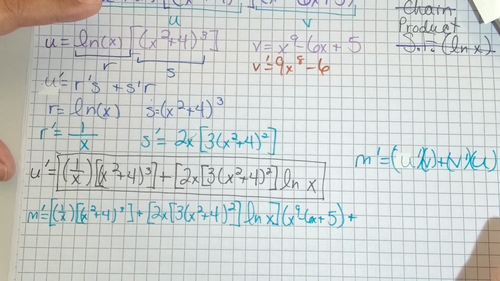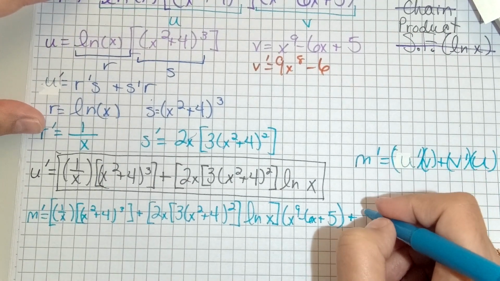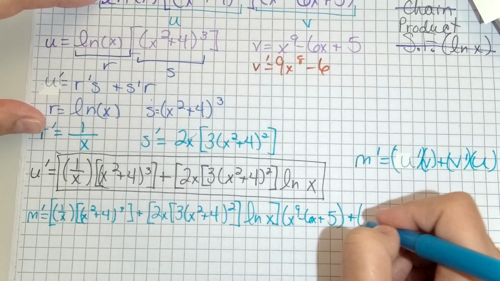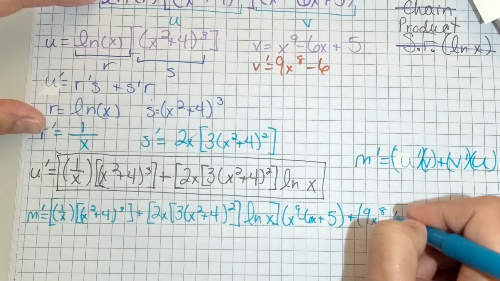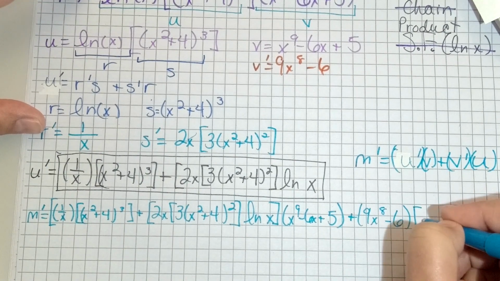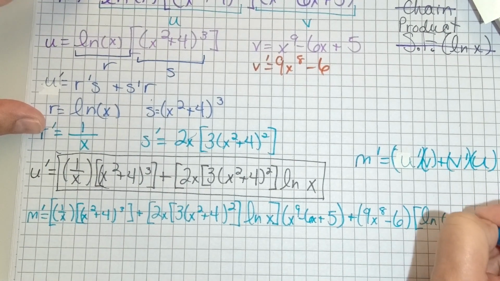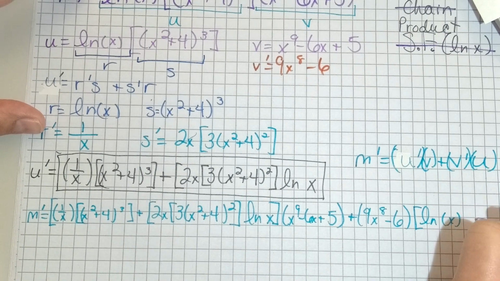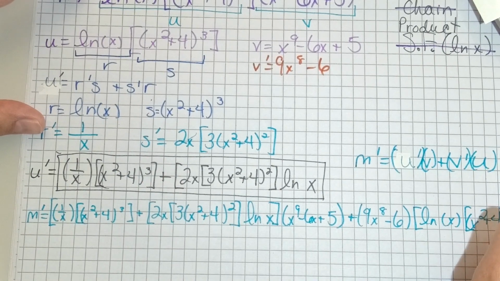And then I'll label what everything is in 1 second, okay? V prime, x to the 8th minus 6 times 20 natural log of x, x squared plus 4, all cubed.